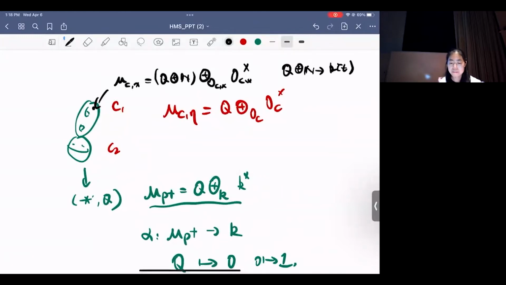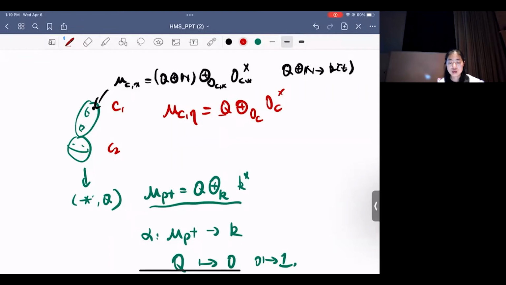There's something wrong. You don't want to push off, right? It's just Q direct sum cross. I'm sorry. It's just Q direct sum cross. You wrote direct sum over OC. I want it so that you can write each section at the generic point uniquely as an element of Q to chart and then the variable function.